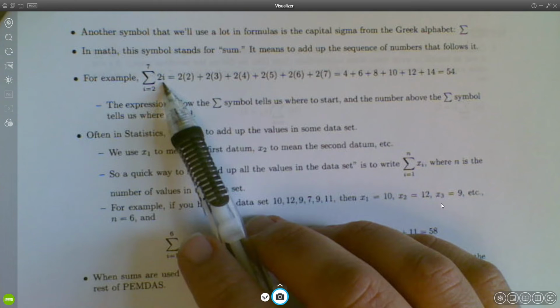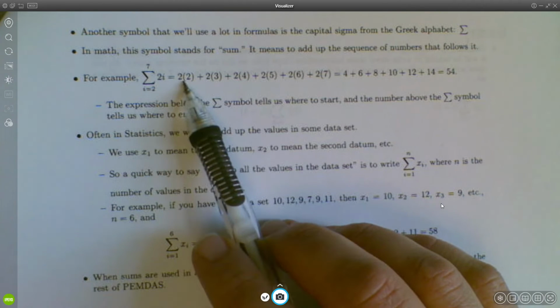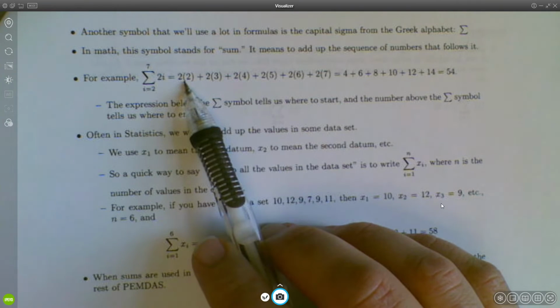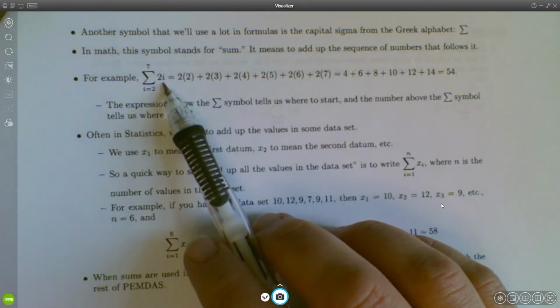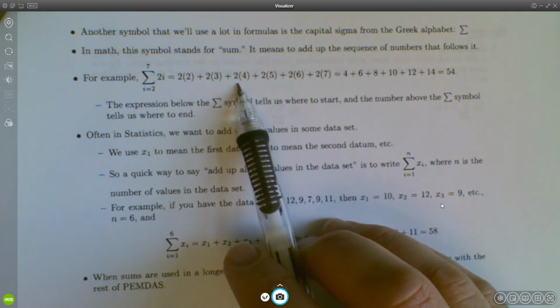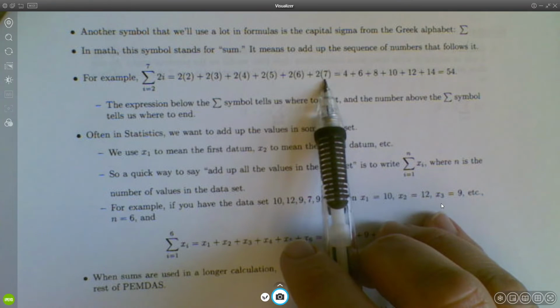So in other words, we're going to plug in 2 for I first, we're going to get 2 times 2. Then we're going to plug in 3 for I, we're going to get 2 times 3. And then we're going to plug in 4 for I, we get 2 times 4. And then 5, and then 6, and then 7.